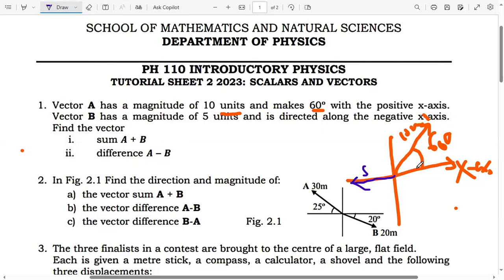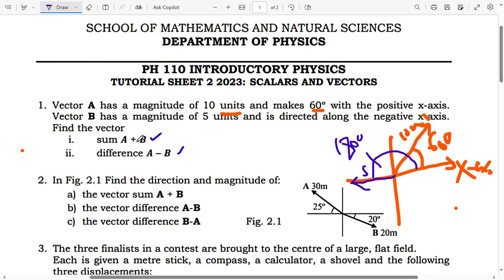We said we always measure our angles from the positive x-axis. So I'll start from here all the way up to here, and whatever angle is formed here will just be 180 degrees. So we have the angle and the magnitude, which means we can resolve this vector. Even here we have the angle and the magnitude. We can resolve those vectors, and then we'll be able to find our A plus B and our A minus B.